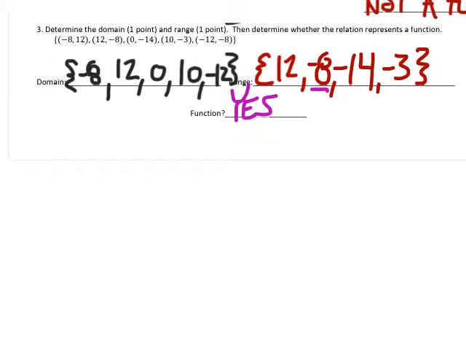So, for example, if I put negative 12 in the domain, I know negative 8 will come out. Likewise, if I put a positive 12 in, I know a negative 8 will come out. So that is okay. It makes it a function. So I know whatever I put in for x, I know what will come out for y.